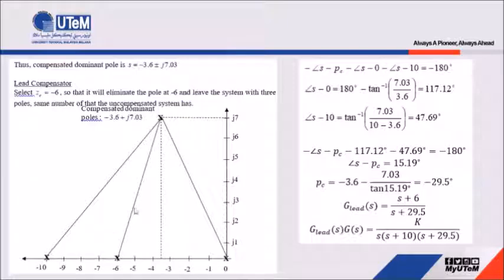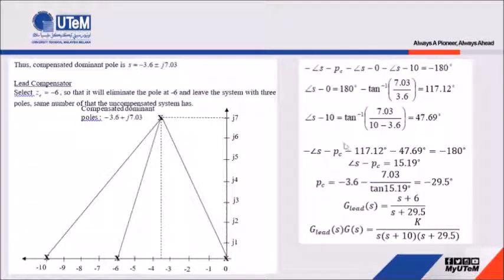Next, for this angle, we use tangent. Tangent theta is equal to this length divided by this length. This one is equal to 7 divided by 6 point something. After we calculate, we get this theta equal to 47.69. After we get these values, based on this formula, we can get the value of theta for the compensated pole.